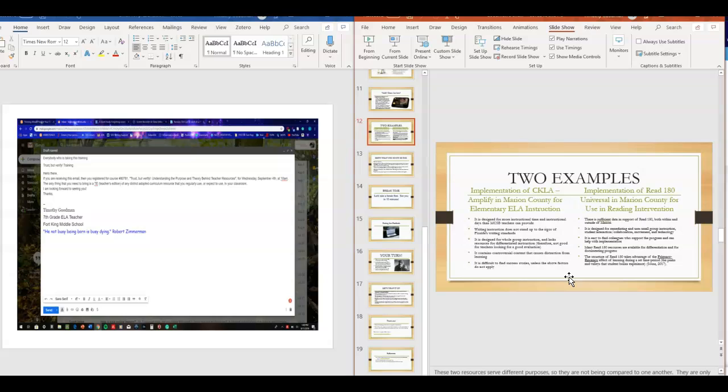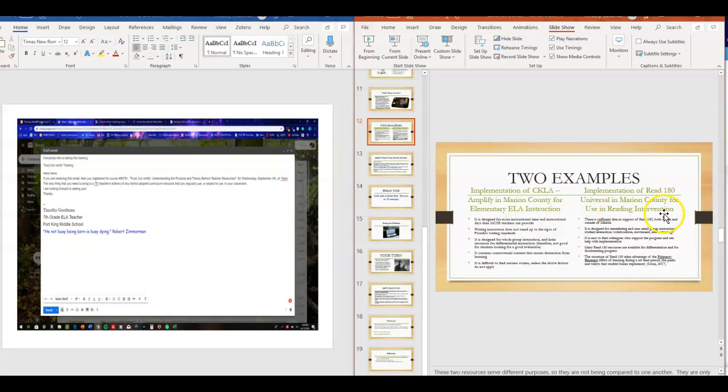It's modeled after a whole group type of setting, which is a great way to start, but there's no differentiated instruction. There's nothing for us to differentiate, period, or even to break out into smaller groups to get folks collaborating and whatnot. So it's not the strongest tool that we could have adopted, but we have it, so what can we do?